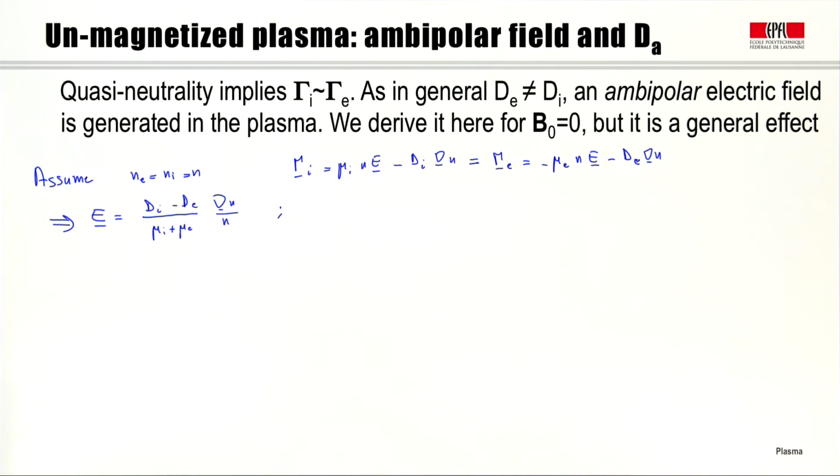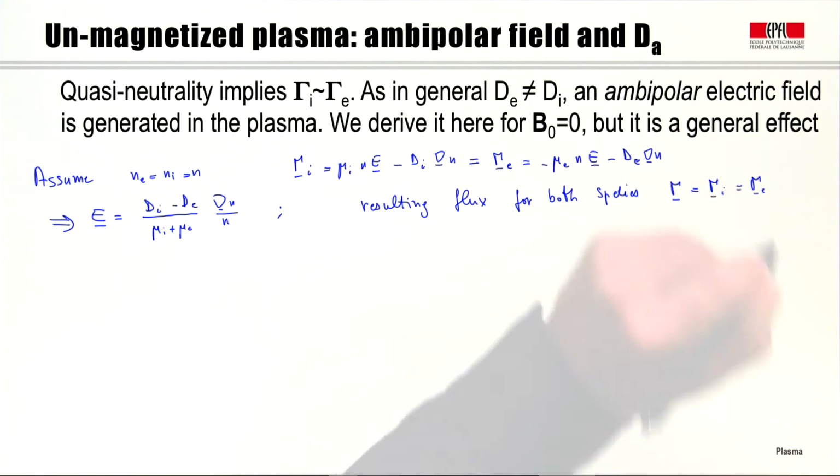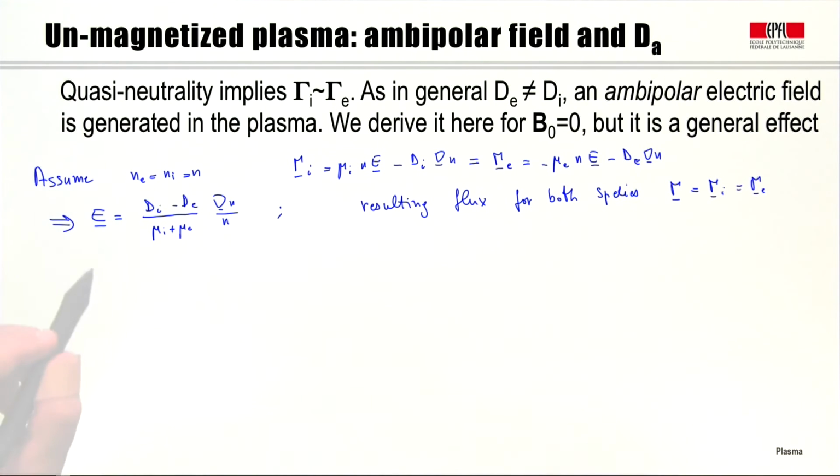So we have a flux that will be common for both species that I can evaluate by replacing the electric field that we have just found in the expression for one of the two fluxes that I have for ions and electrons. It's equivalent because, of course, they have to be the same. So let's take Gamma_e, for example.